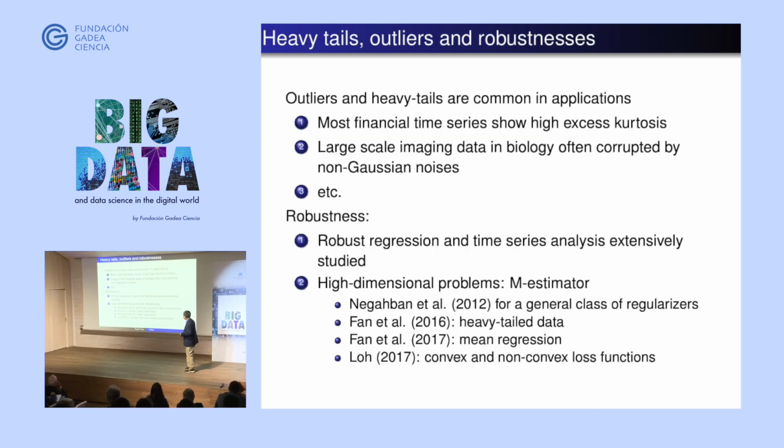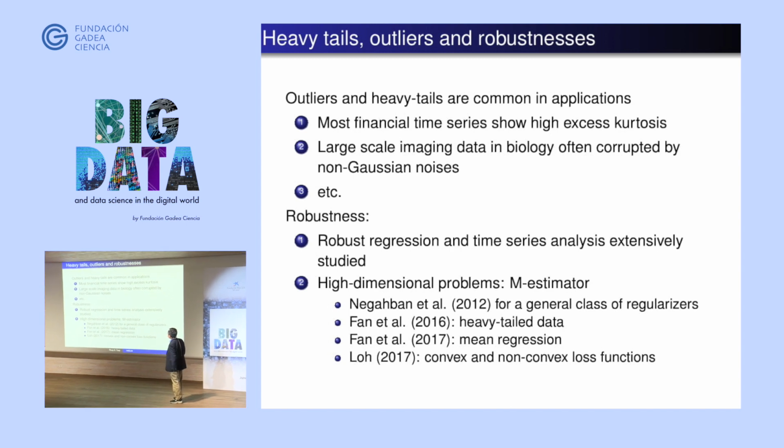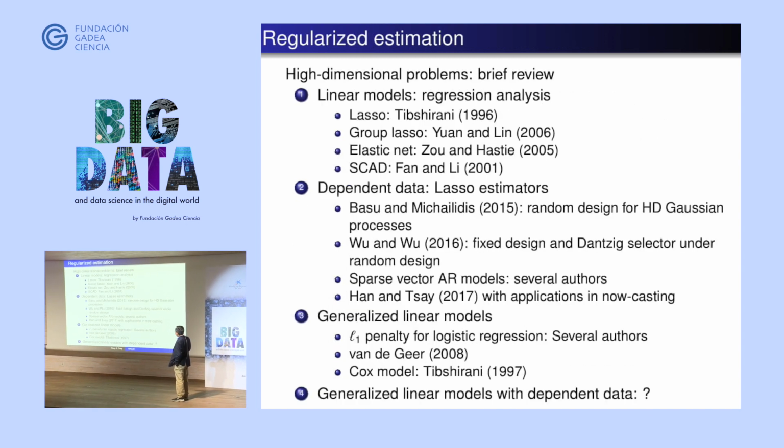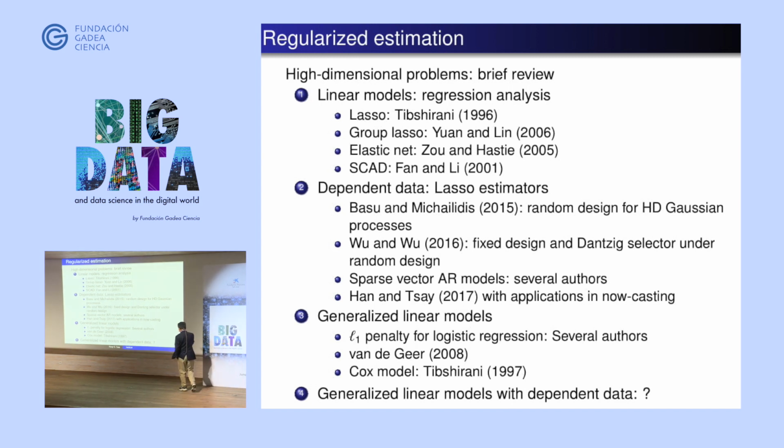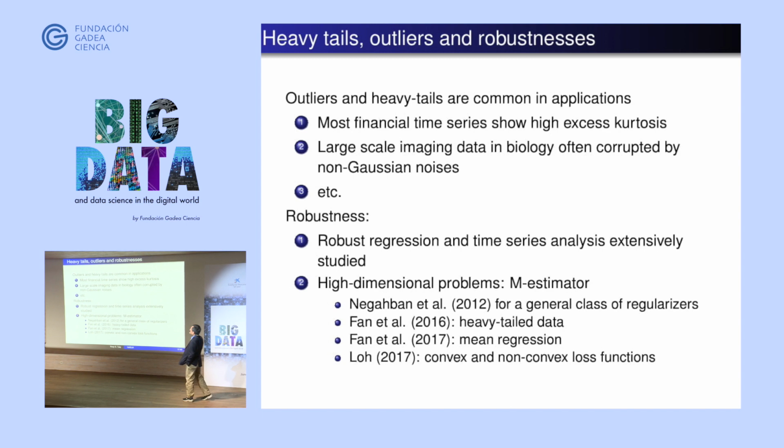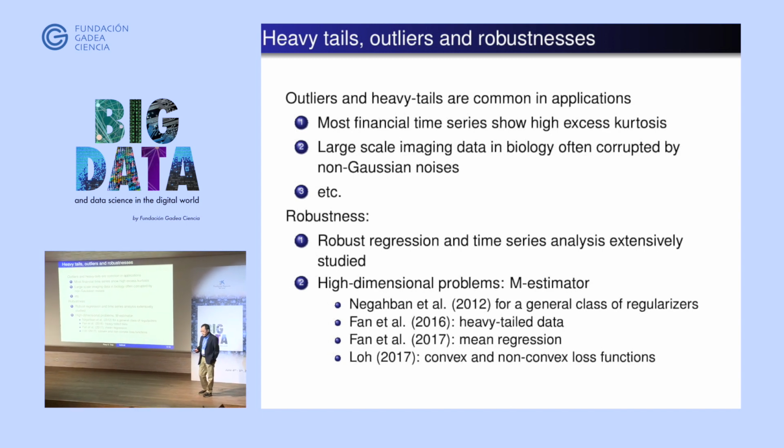Okay. Now I think I can continue. So regularization was already mentioned, and this sounds like a missing link in terms of the theoretical part that we would like to fill in this work. Heavy tails and outlier robustness are all important issues, and Jianqing is the one who started to address this in the high-dimensional case. It is very important.